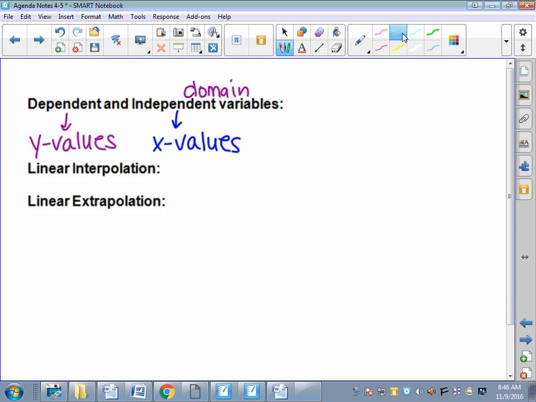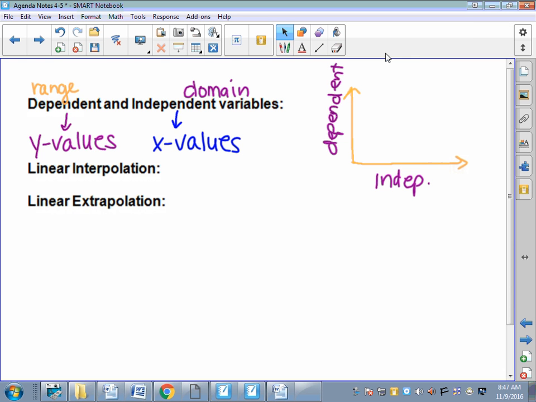Dependent are the y values or the range. So when we've got a graph, we know that the independent goes down here, and these depend on what we have for our x-axis or x values.